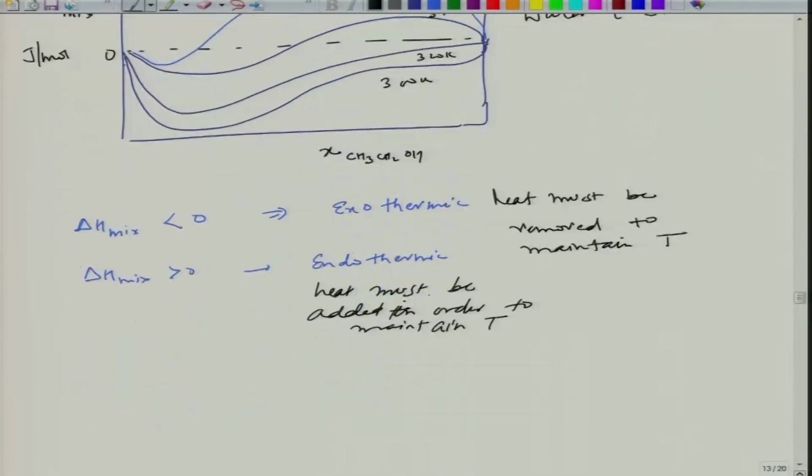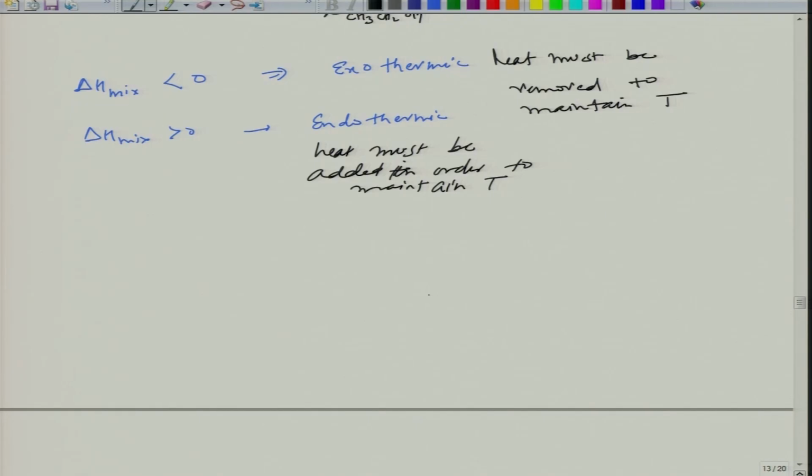So, let us do one example here. Okay. So, this is a question related to again water and ethanol.